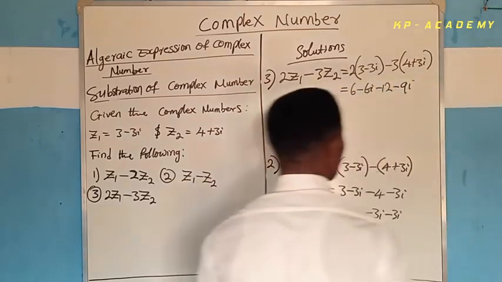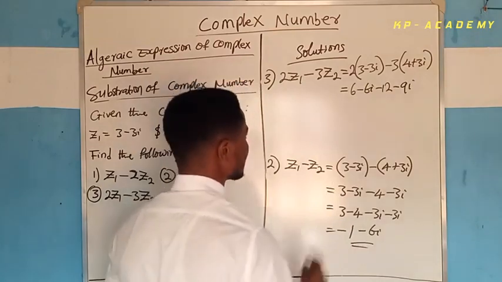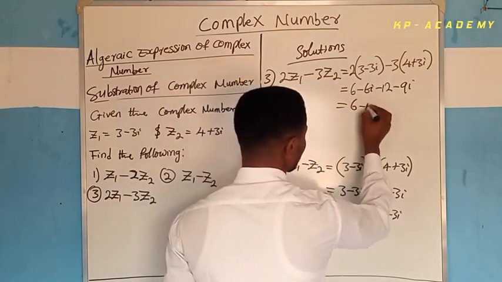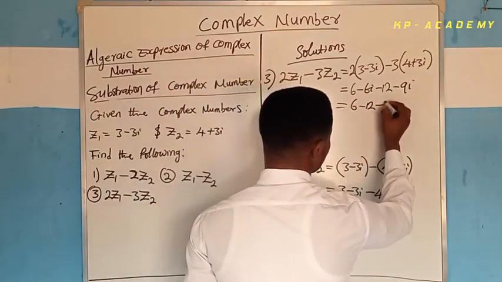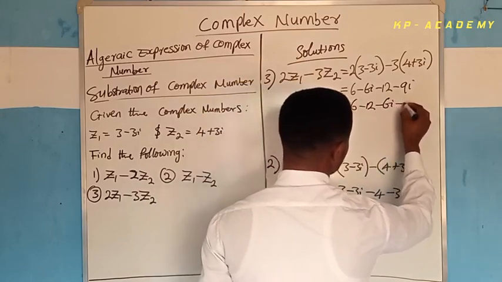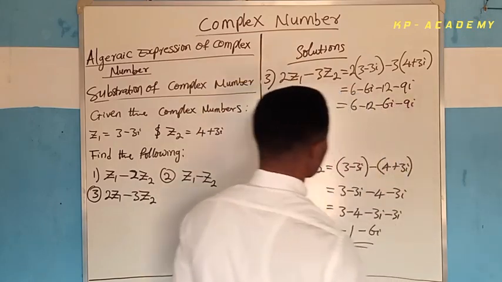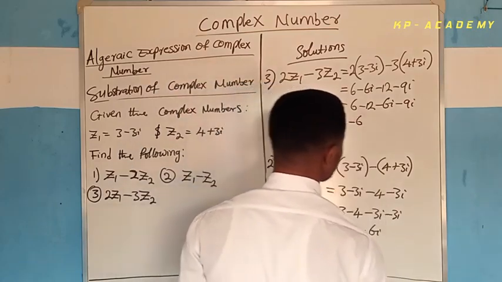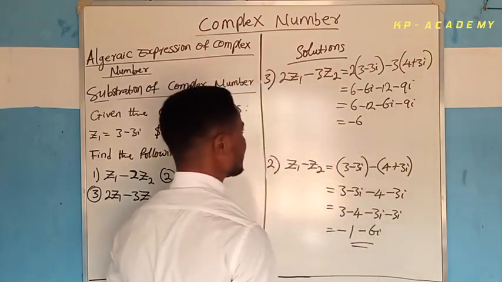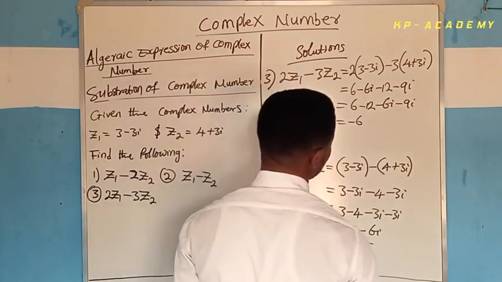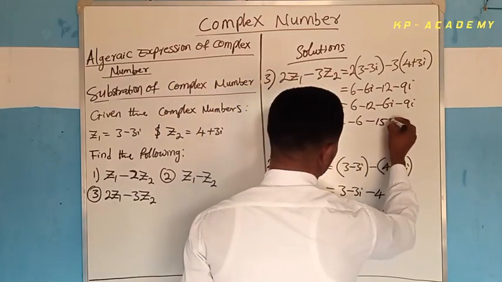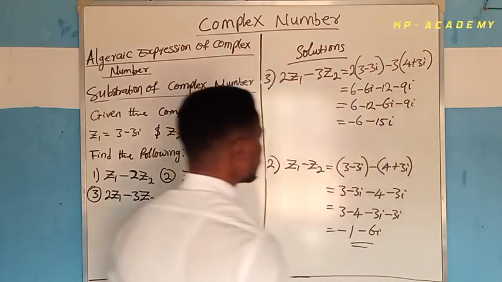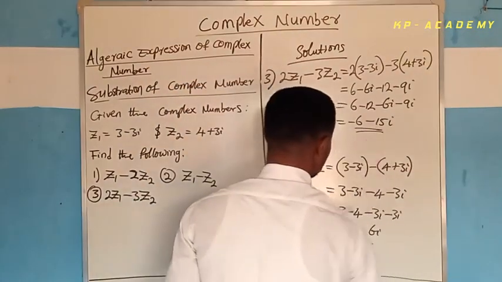Next stage will be to collect like terms, and if I do that, I will have that this is equal to 6 minus 12 and minus 6i minus 9i. So evaluating for that, 6 minus 12 is nothing but minus 6, and minus 6 minus 9 is nothing but minus 15, minus 15i rather. Okay, so this is the answer for the third one.